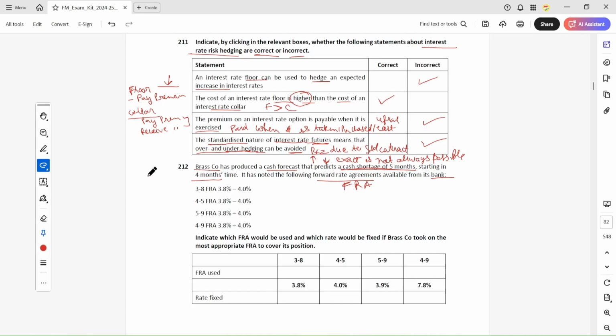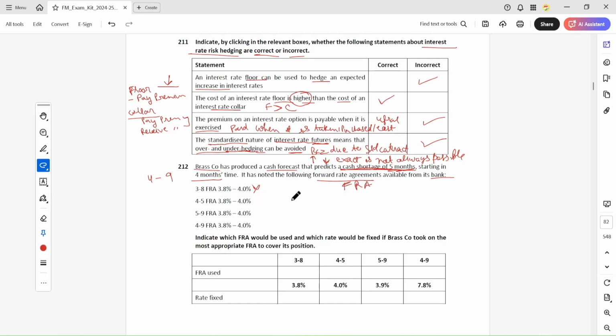It is a forward rate agreement, so it means start in 4 months, right? And how many months will it be for? 5. So 4 plus 5 means 9. So it must start in 4 months and stay for 9. So this is wrong.